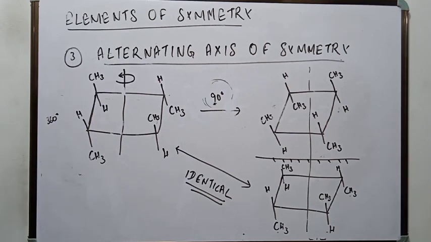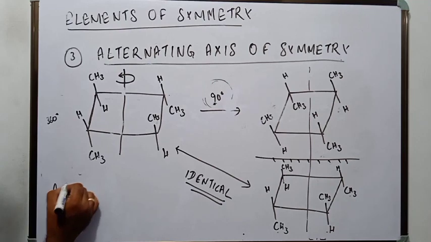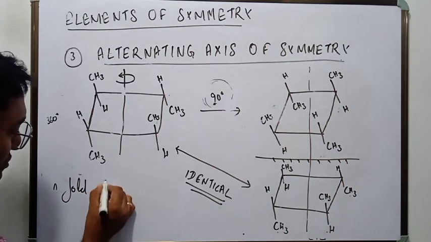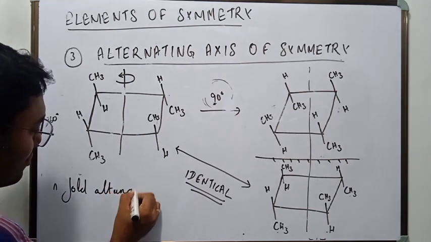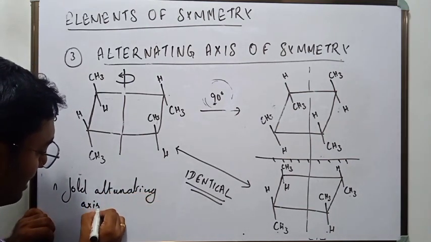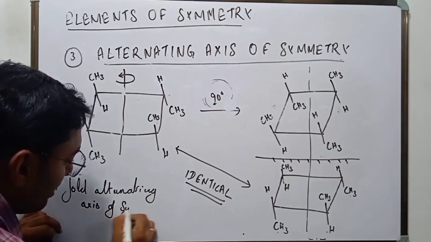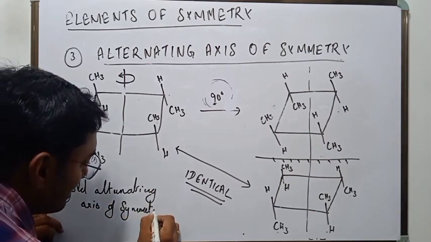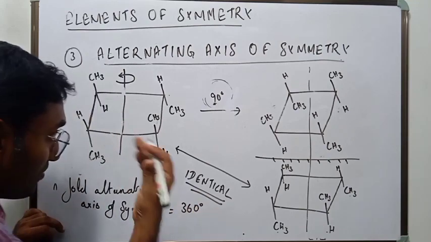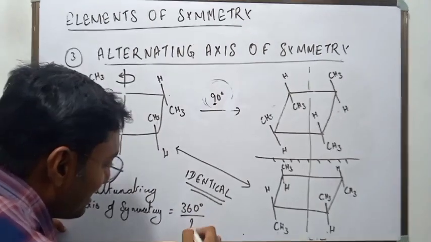So there is a formula for the alternating axis of symmetry, which is the n-fold alternating axis of symmetry. Here we have to rotate it by 360 degrees, right? And what is the predetermined angle of rotation? 90 degrees.